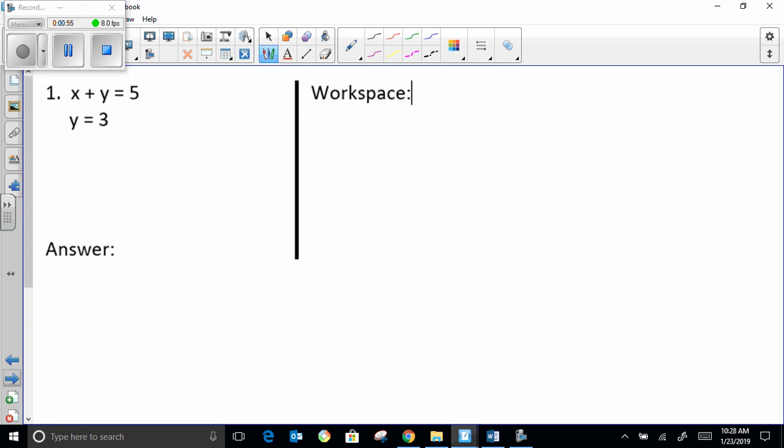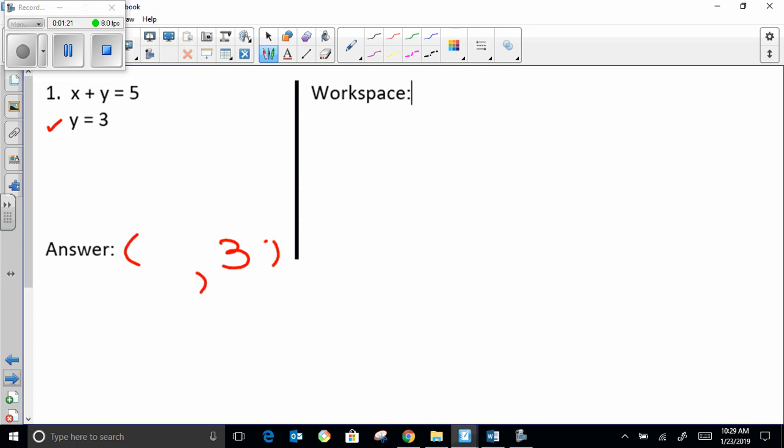Okay, so number one, we want to find out what the solution would be for x plus y is equal to 5 and y is equal to 3. Solve one of the equations for x or for y, and this equation is already solved for y. So they've already told me that y is equal to 3. Now let's check what x is equal to.